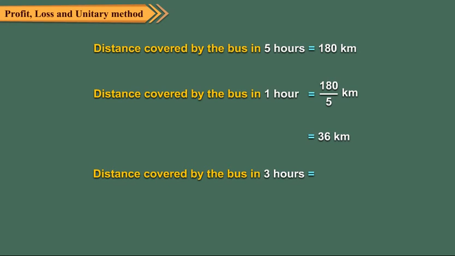Then we will find the distance covered by the bus in 3 hours. To do so, we multiply 36 by 3. So, the distance covered by the bus in 3 hours is equal to 36 into 3, that is 108 kilometers.